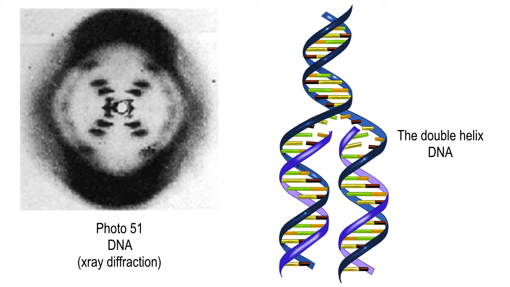Just kind of like what you use for looking at broken bones if you broke your arm or something like that. And it is the image that was taken in the late 40s or early 50s that allowed Watson and Crick to, when they saw that, they realized that DNA was a double helix.